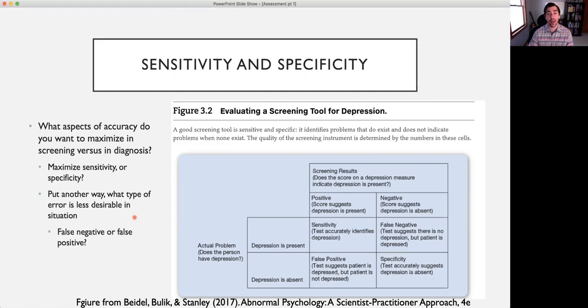This actually has come up a lot in terms of COVID testing. Initially, there were some tests for COVID that were just wrong. They were inaccurate, and maybe less accurate than what is desired.